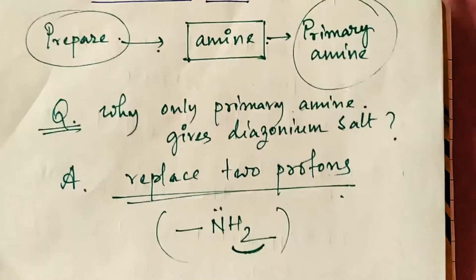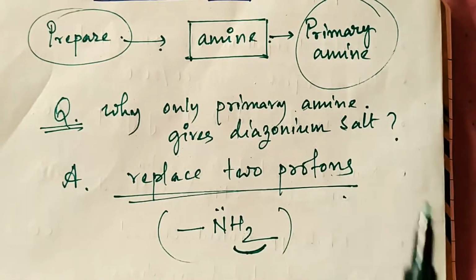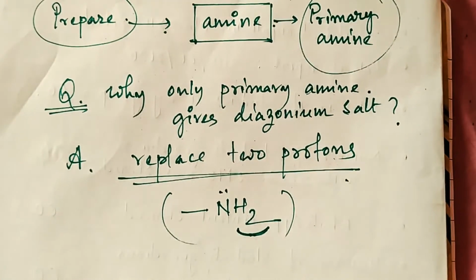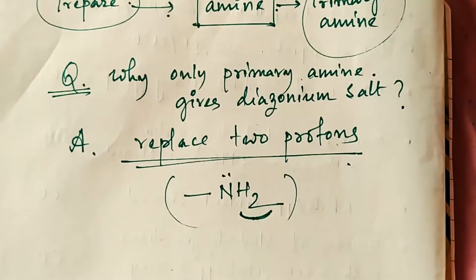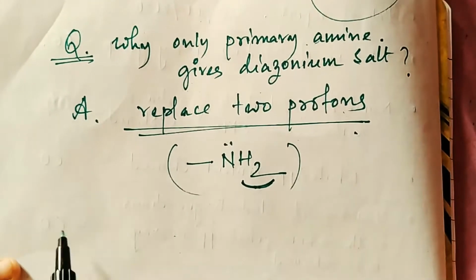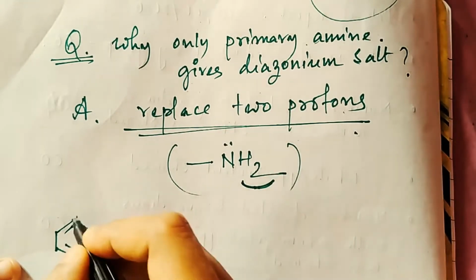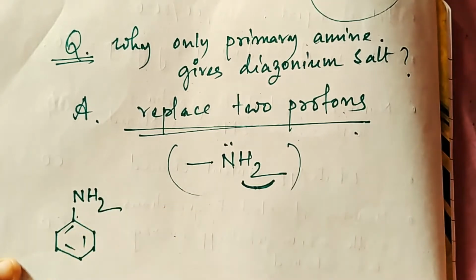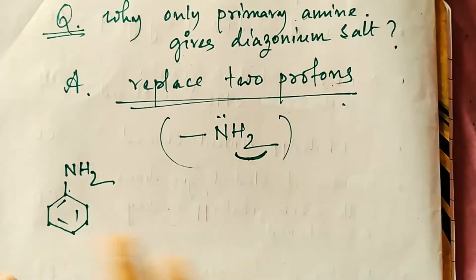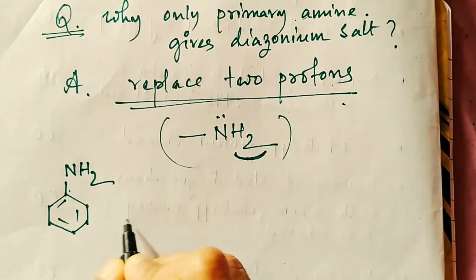Now in the formation of diazonium salt from primary amine, the reagents are NaNO2 and HCl. For example, if I write a reaction, this is aniline, a primary amine.